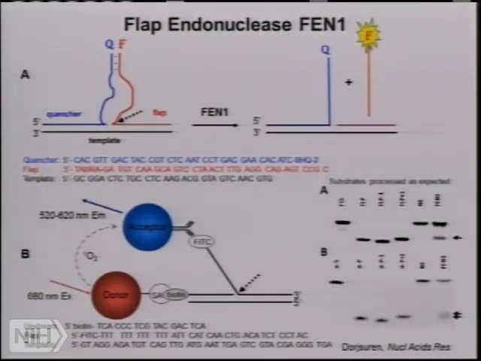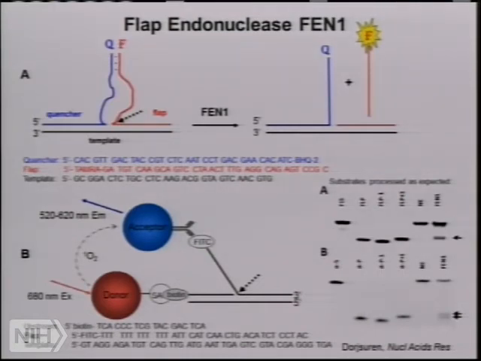Second is, because this is in the direction opposite of fluorescence, all the autofluorescent molecules in the system won't interfere with the signal generation. So these assays tend to have very low background and fairly strong signal.